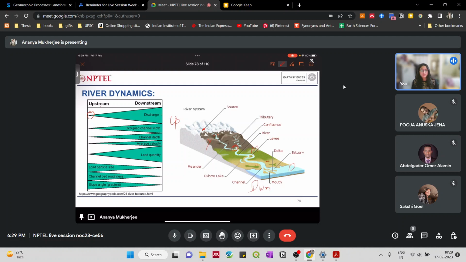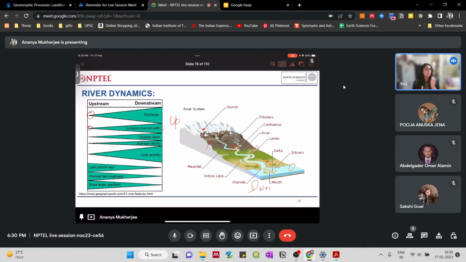Then you have the occupied channel width, which changes with respect to its course and its stages. It is much narrower in the upstream part than in the downstream part. The channel depth also increases along the river profile, so it is thinner in the upstream parts or younger stages than in the older stage or downstream areas.